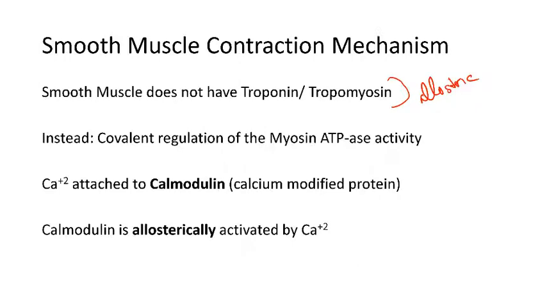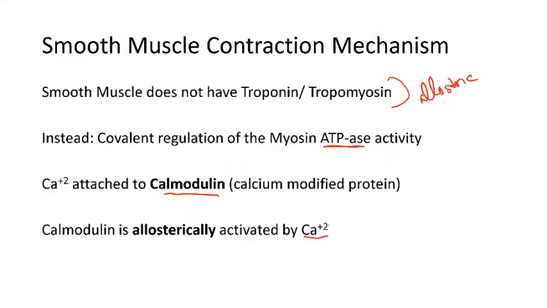Remember, overall, we have to activate the ATPase activity. So here, calcium comes in from the extracellular fluid. It attaches to the protein called calmodulin, which stands for calcium modified protein or calcium modification protein, depending on who's writing the book. But calmodulin is then allosterically activated by the calcium.